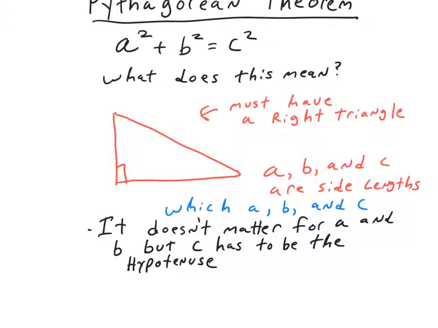So which side is the hypotenuse? It's the longest side, and it is the side opposite the right angle.